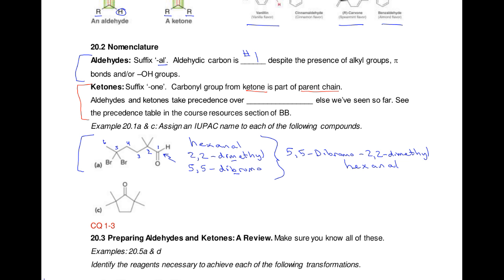So aldehydes and ketones take precedence over everything that we've seen so far. You can look at the precedence table in the course resources section of Blackboard, and we might talk about that later in the class when we learn even more functional groups and how to employ those in nomenclature. Again, we use the suffix "one" when naming a ketone.